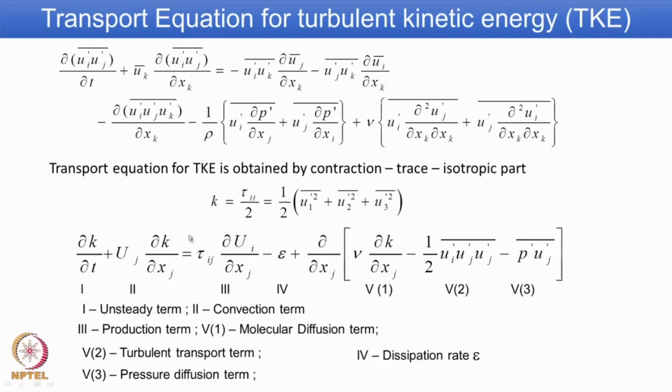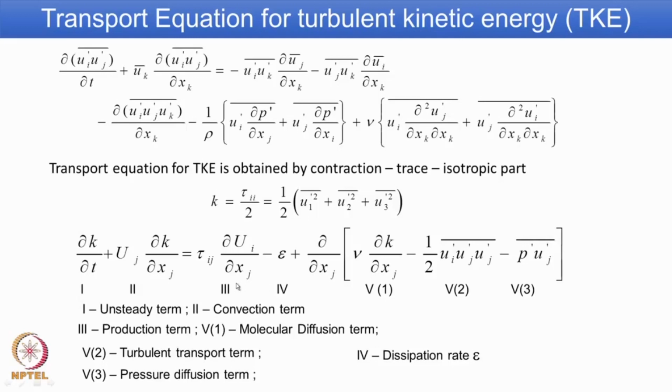The second term on the left hand side is a convection term. This has u_j as a convection velocity and dk/dx_j is a variable and its corresponding spatial derivative. Now, when you compare this with the convection term in the momentum equation, that one is non-linear, whereas this is linear.